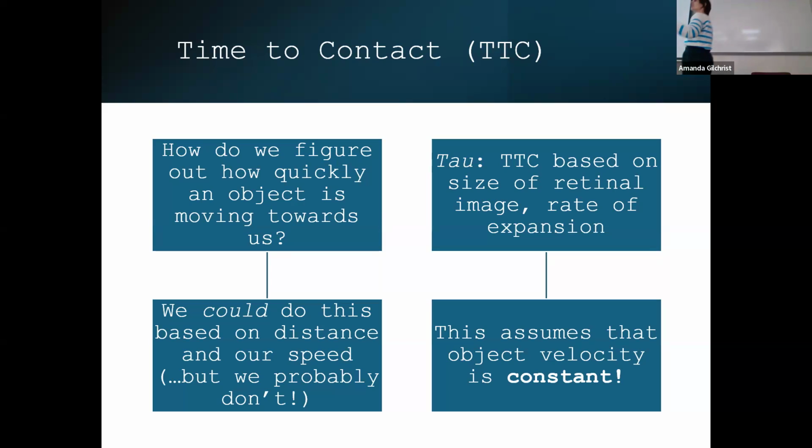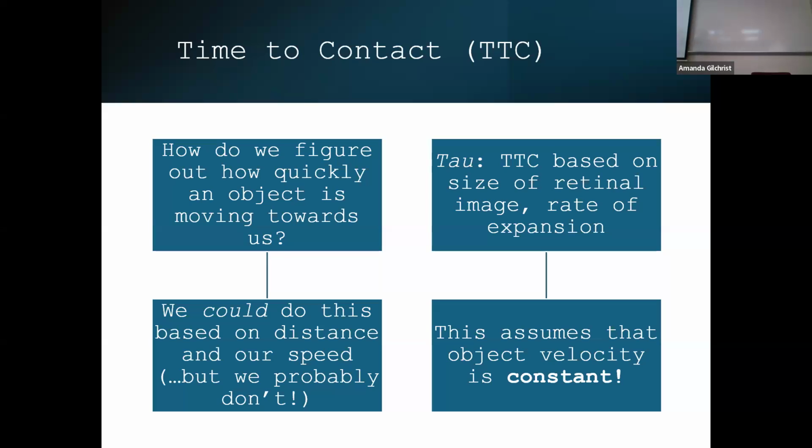It has been suggested by sensation and perception researchers and cognitive psychologists that instead, what we calculate is something called tau. Tau is basically figuring out time of contact based on some easy proxies for distance and speed.